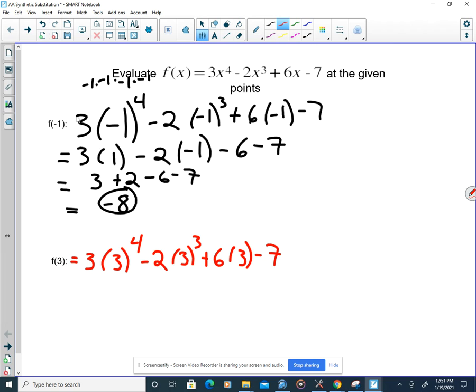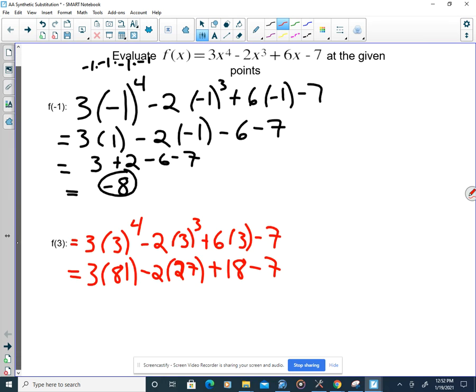we'll just evaluate it. So 3 to the fourth is 3 times 3 times 3 times 3, which 3 times 3 is 9, times 3 is 27, times 3 is 81. So we have 3 times 81 minus 2 times 27, since 3 to the third is 27. 6 times 3 is 18, and then minus 7.